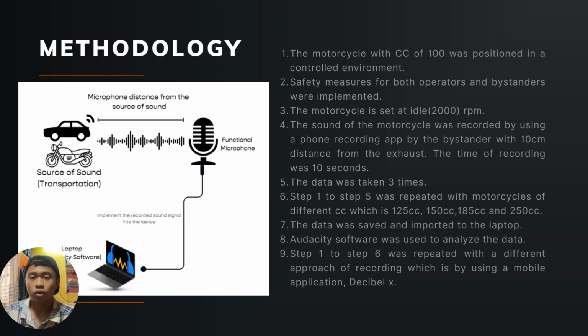Step 1 to step 5 was repeated with motorcycles of different cc, which are 125cc, 150cc, 185cc, and 250cc. Then the data was saved and imported to the laptop. Audacity software was used to analyze the data, and also the mobile application, which is Decibel X.